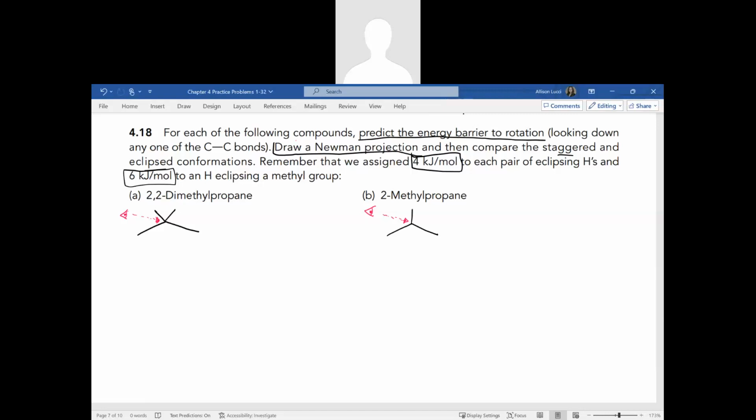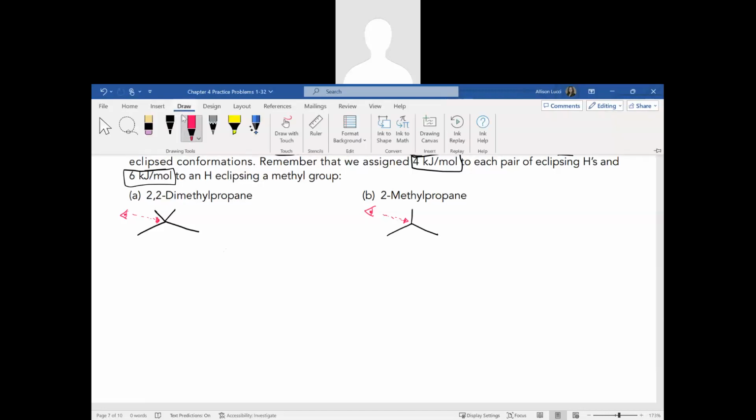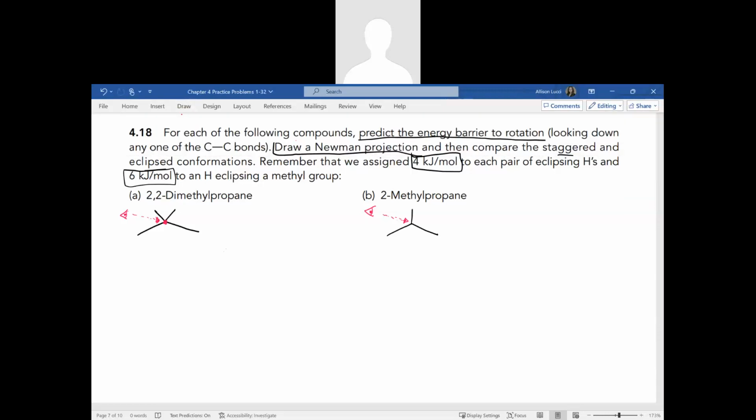We're looking down this path here. We see this carbon first, which has 3 methyl groups, and then this second carbon would have 3 hydrogens.